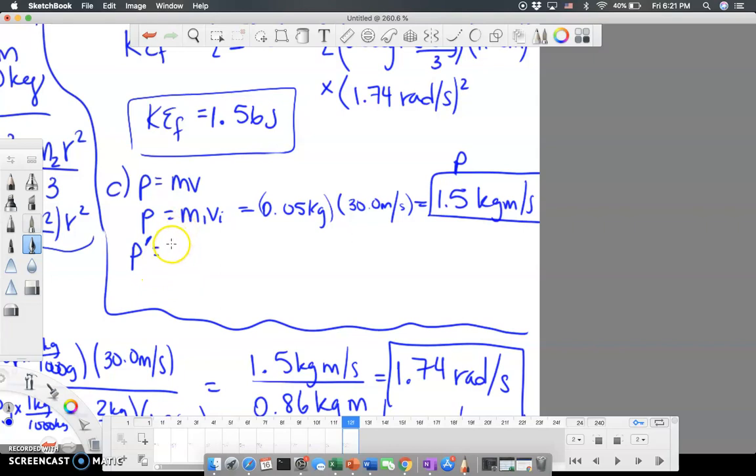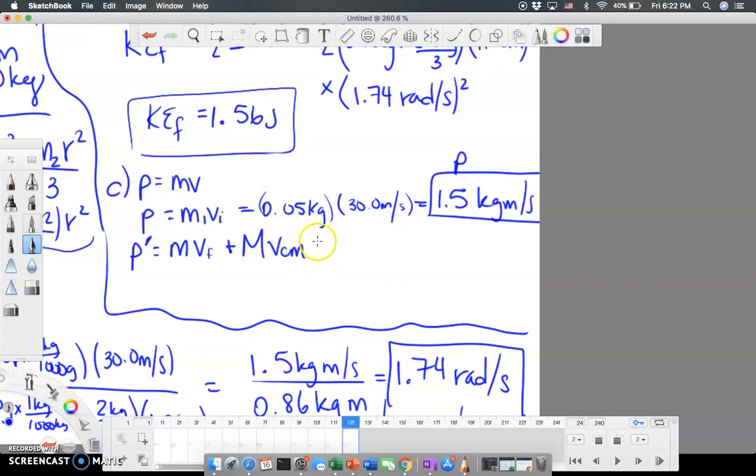This is going to be our mass times our final velocity, plus our second mass times our velocity. But our velocity is going to be a little bit different since now we're looking at a stick, so it's actually going to be the velocity of the center of mass of that stick.